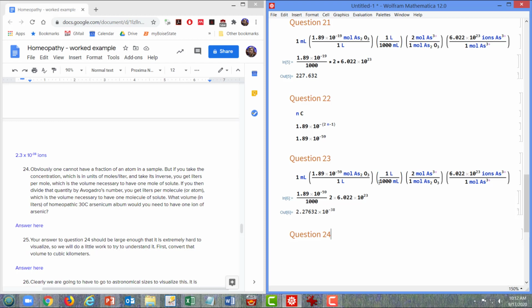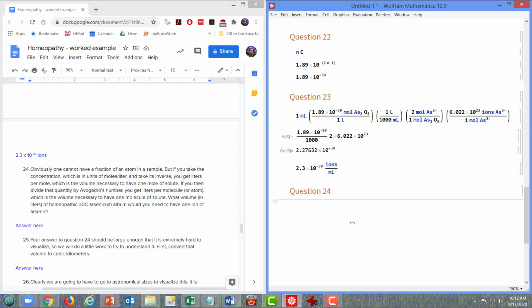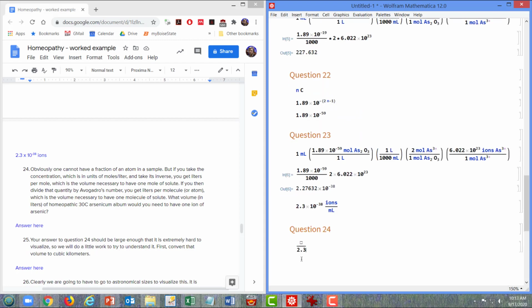So let's take this, question 24. I'm going to label this and leave that there. I'm going to call this now 2.3 times 10 to the negative 38, and label it with units, ions per milliliter of the sample. Taking the inverse of that, we get 2.3 times 10 to the negative 38 ions for 1 milliliter.